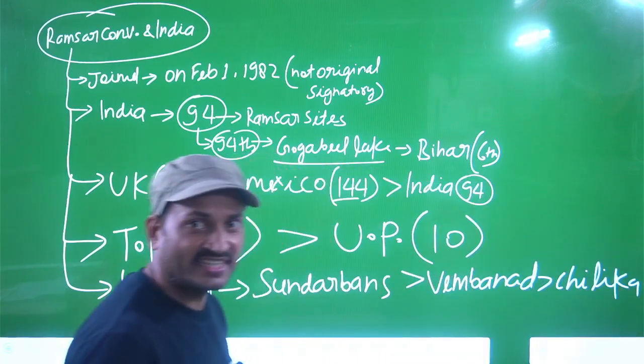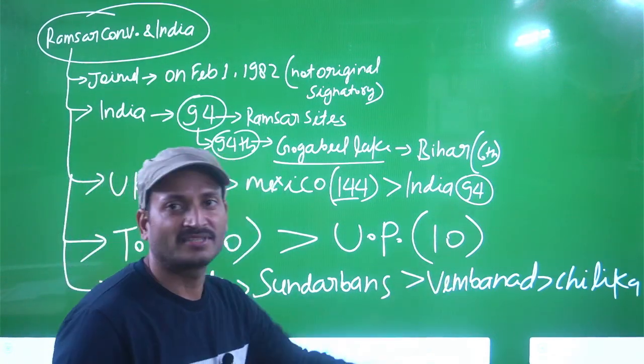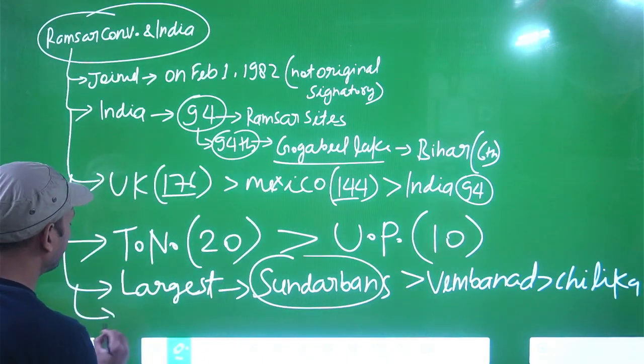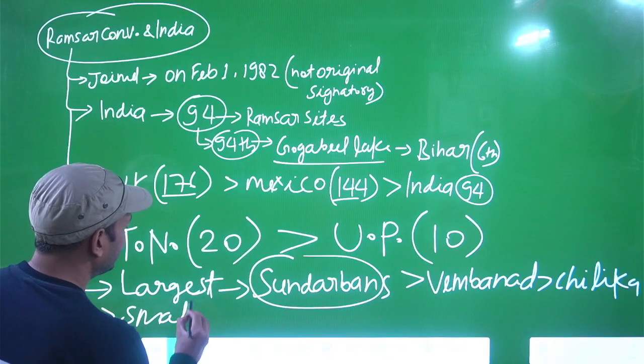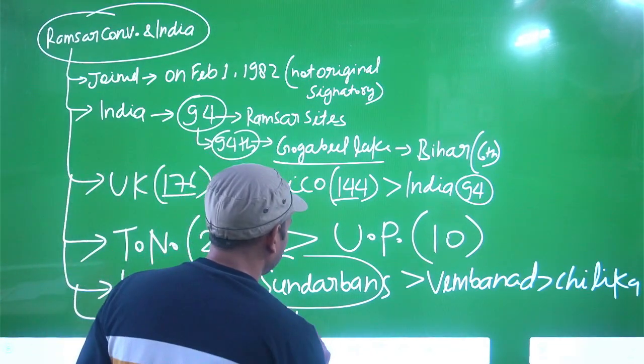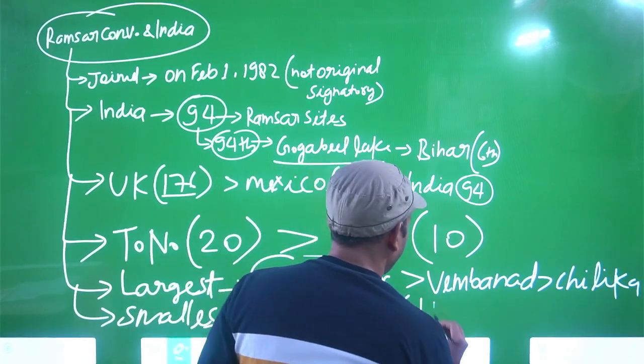These are the largest Ramsar sites in India, meaning the largest one is Sundarbans. And if we talk about the smallest wetland, meaning the smallest Ramsar site in India, that is Renuka wetland of Himachal Pradesh.